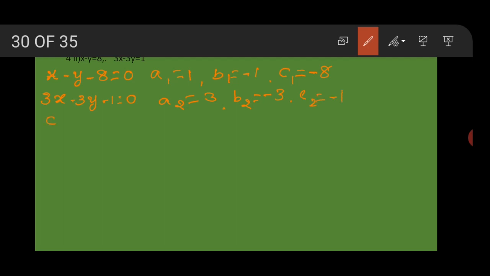Now see, the ratio a1 divided by a2 is equal to 1 divided by 3. Then b1 divided by b2 is equal to minus 1 divided by minus 3, which is 1 by 3. Then c1 divided by c2 is equal to 8.